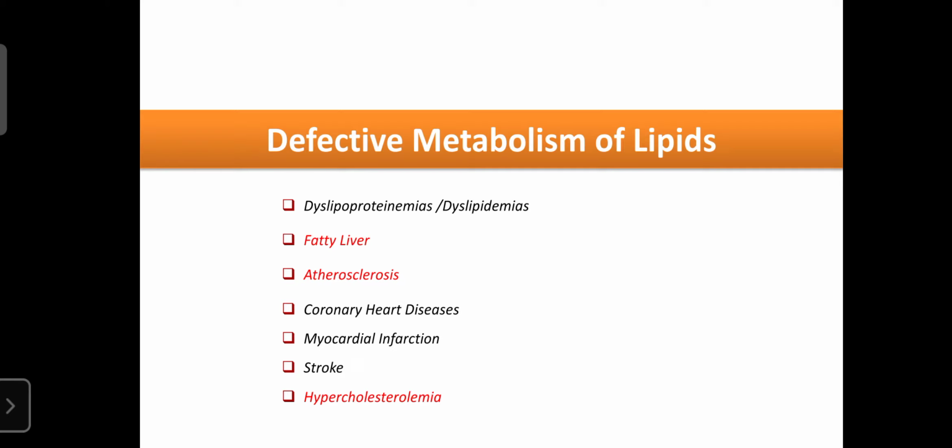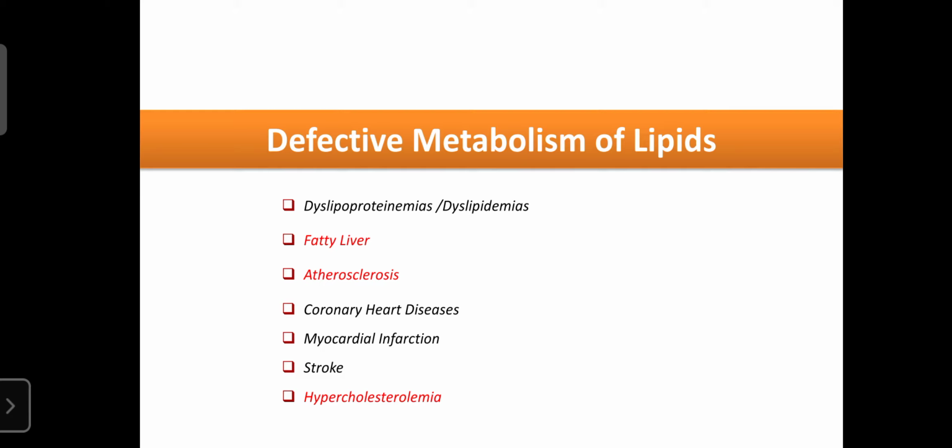If there are any problems in the enzymes or lipid metabolism, then the person suffers from various kinds of lipid metabolic disorders. Among the important ones is dyslipoproteinemia or dyslipidemia, that is a decrease in the biosynthesis of lipoproteins.